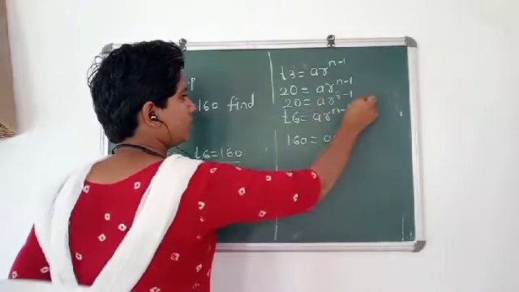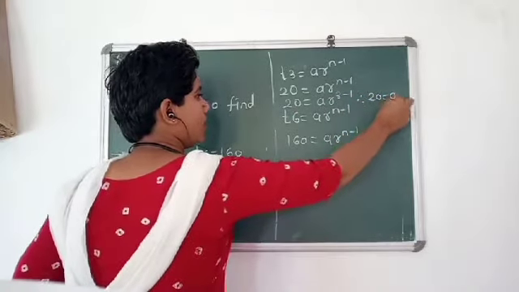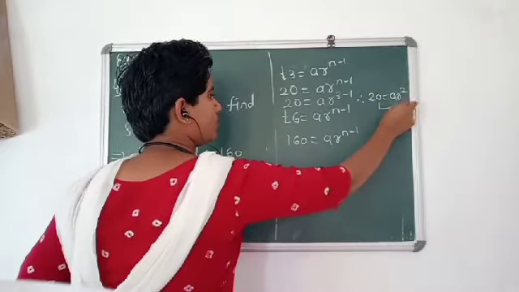That means 20 is equal to ar square. Call this equation number 1.